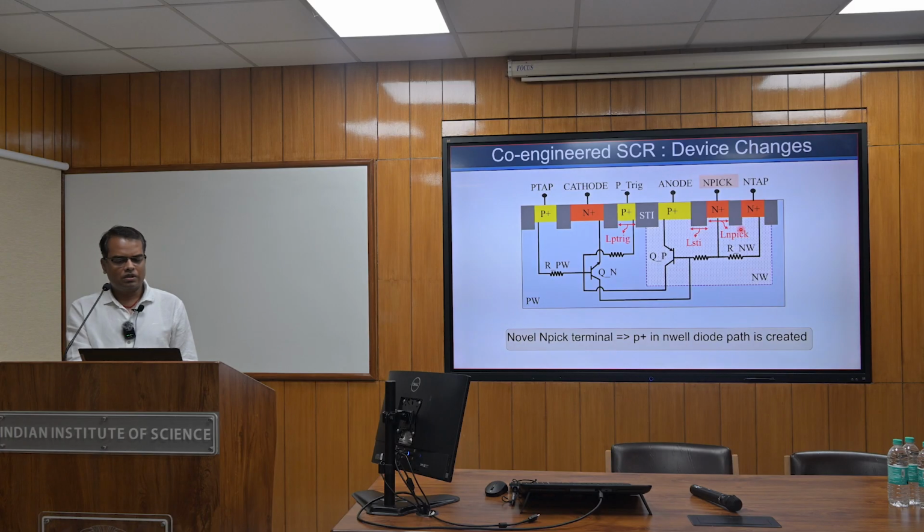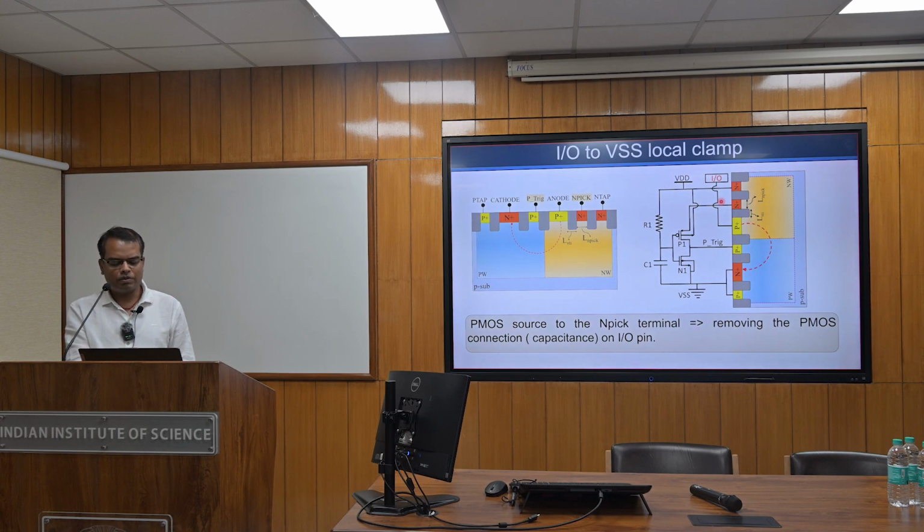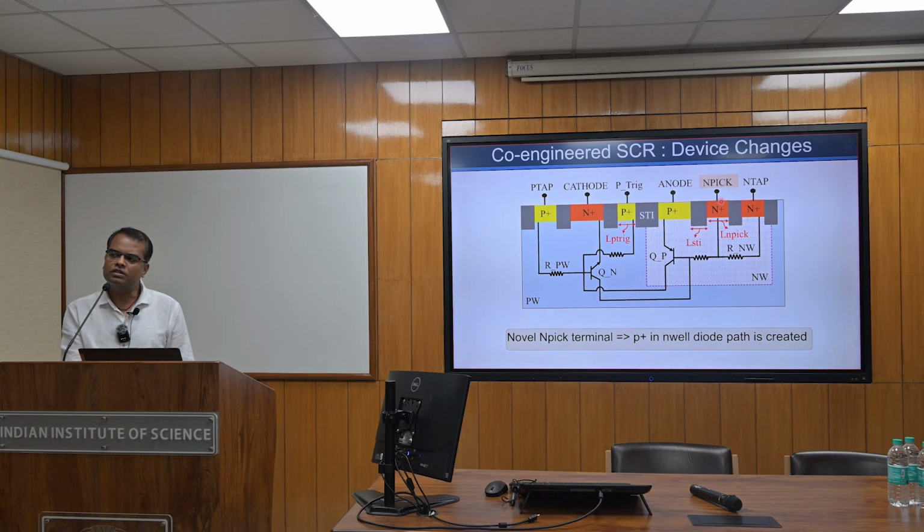Now what did we do new here? After a lot of techniques, evaluations and simulations, we came up with another diffusion region in the N well, and we call this terminal the NPIC terminal. What is the use of this NPIC terminal in the whole scheme of things, I'll explain in the next two slides, where I'll explain the two local clamp configurations in which the SCR is used.